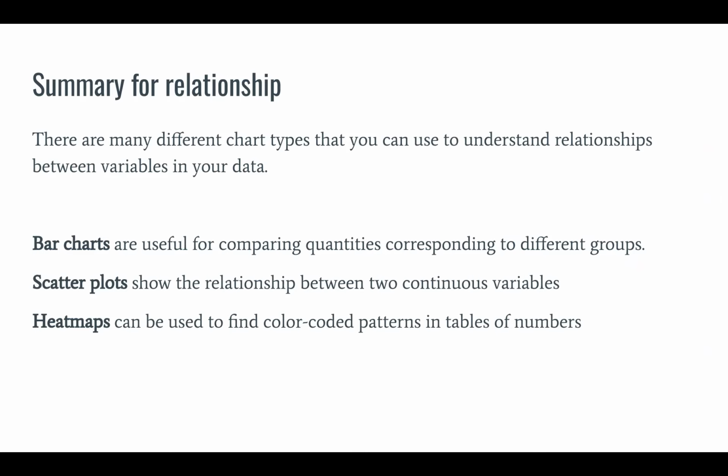So here's a summary for relationship. We've looked at many different chart types to understand relationship, and three of them are bar charts, scatter plots, and heat maps. In scatter plots, we not only looked at the basic scatter plot, which shows the relationship between two continuous variables. We also learned how to include a regression line in the scatter plot by calling regplot.